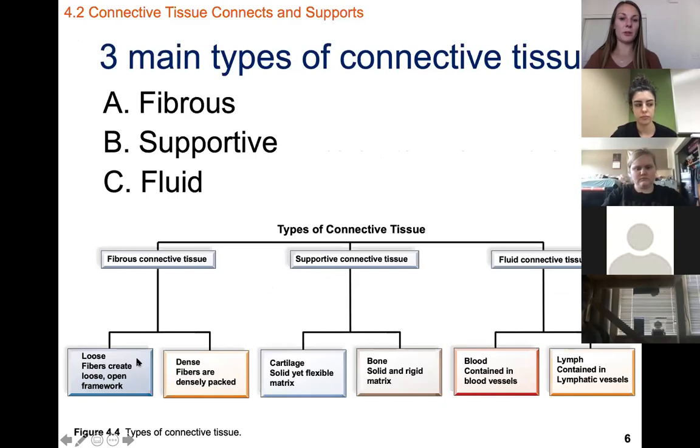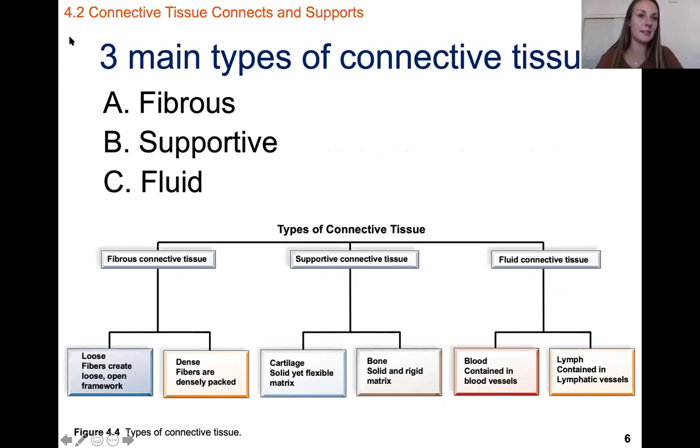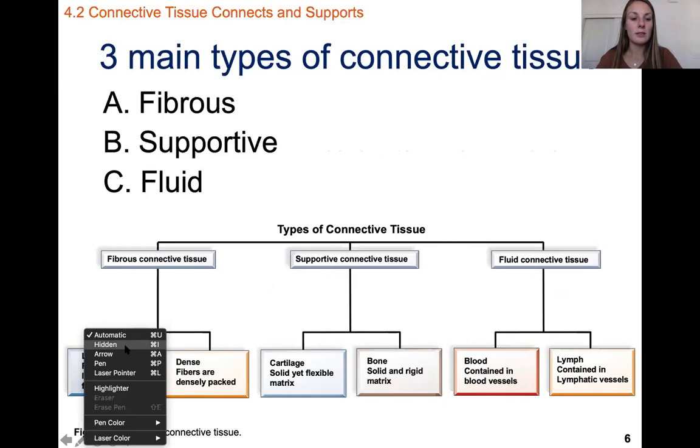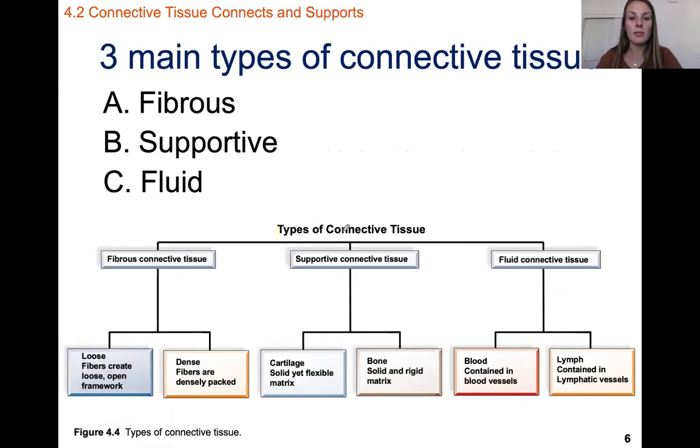So if you like this flow chart, I recommend remembering this slide. It's slide 6. We have those 3 main types of connective tissue: fibrous, supportive, and fluid. Here at the top, you can see the 3 types of connective tissue, and then different types under each.